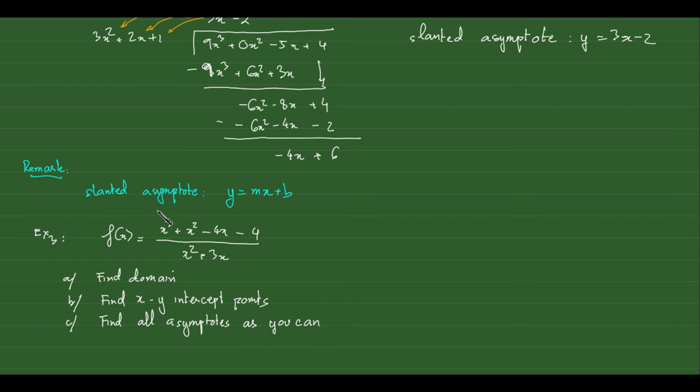Alright, so let's see how we're gonna do this. First of all, let's find the domain. In order to find the domain, we have to look at the denominator, which is x squared plus 3x. So we have to set x squared plus 3x different from 0, because it's a denominator.